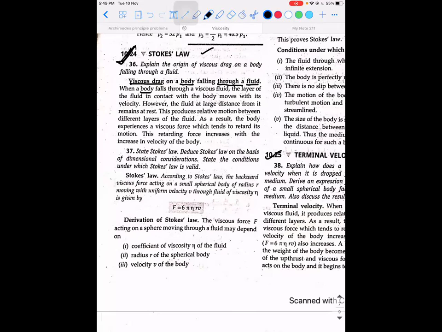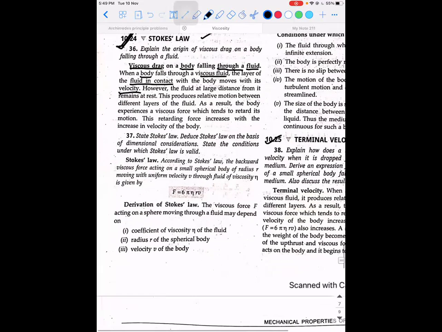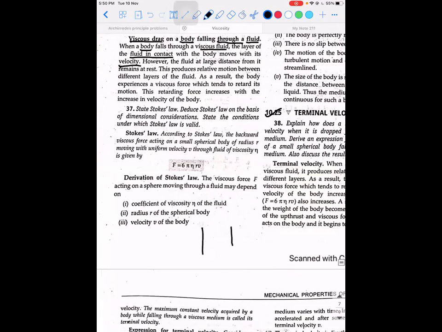So when an object falls through a viscous fluid, the layer of the fluid in contact with the body moves with its velocity. So what they are trying to say is, if I have a liquid like this, and let's say there is a sphere that is falling into the liquid.